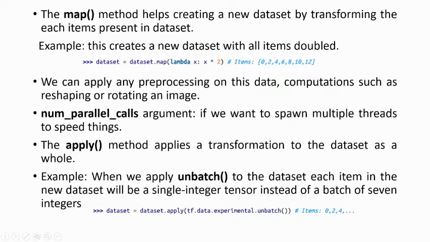Whatever we have batched, that is 7 items in one batch, will be unbatched, and it can be in the form of a single integer tensor. So we are applying the unbatching method onto a batched data set. This will give you another data set. So the transformation method that we have used here is apply.